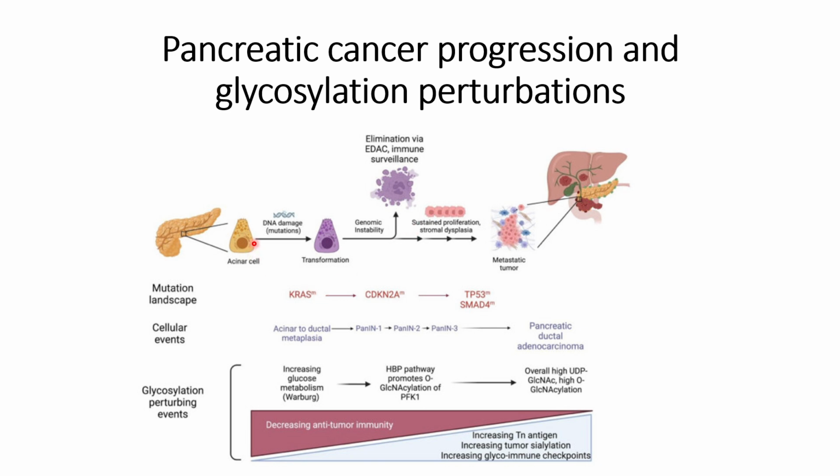The mutations that people have generally found in pancreatic cancers are KRAS mutations, and as the cancer progresses, it leads to CDKN2A, TP53 and SMAD4 mutations.